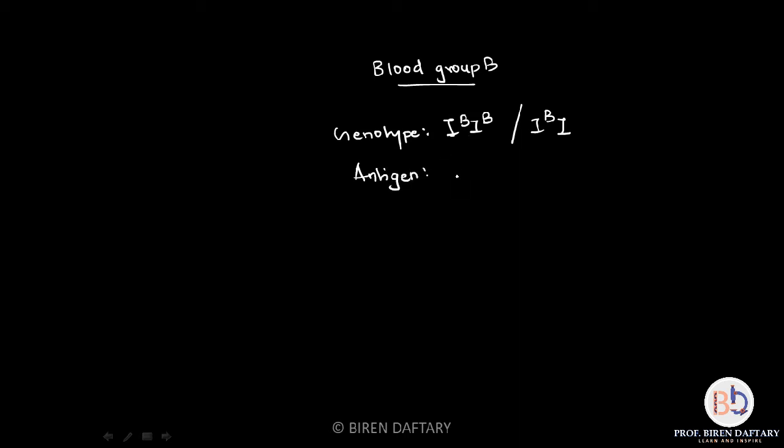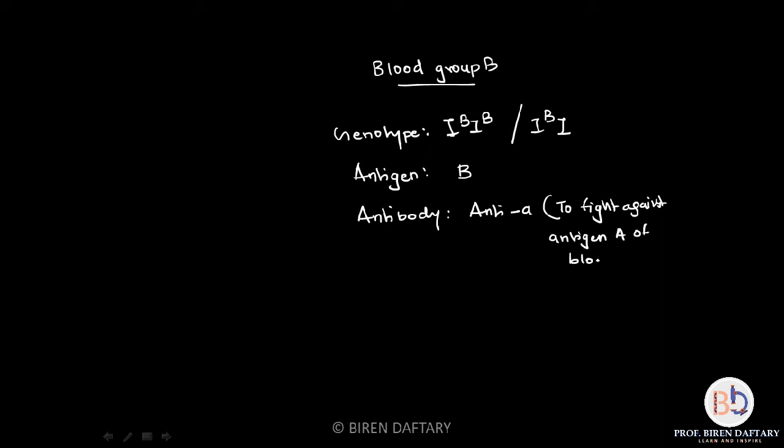Again you are correct, the antigen will be antigen B and the antibody will be anti A. So this is produced to fight against antigen A of blood group A.